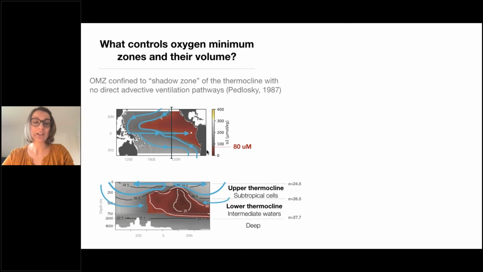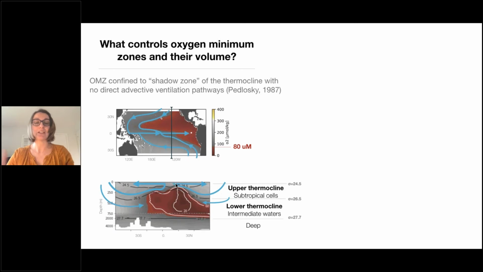You see it's confined to what we call the shadow zone of the thermocline, where there is no direct transport by advection. If we look at the section here around 120 west as a function of depth and latitude, the oxygen minimum zone covers what we call the upper thermocline here, and most of the volume is in what we call the lower thermocline.